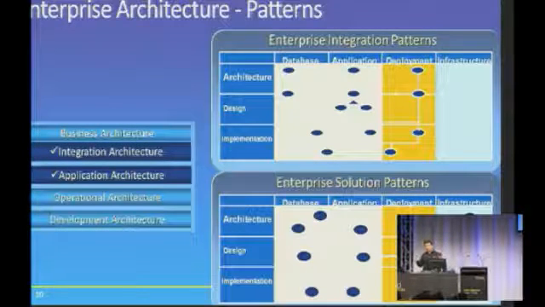So we have patterns at the level of architecture. You probably wouldn't be too surprised to hear that, for example, with service-oriented architecture, people will immediately turn around and say, you need an SOA. That's an architectural level pattern. Architectural level patterns aren't designed to be implemented. They're just designed to guide you to the next layer, which is the design patterns, which is how do you implement your service-oriented architecture?